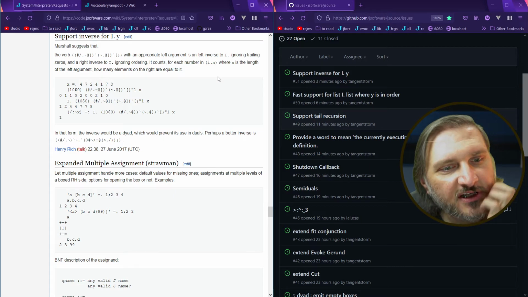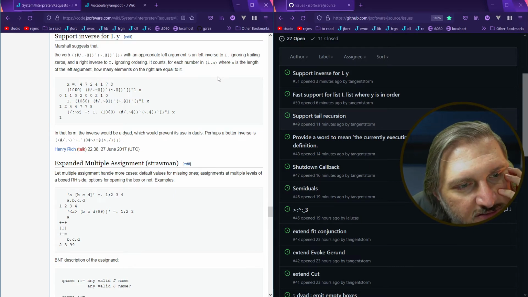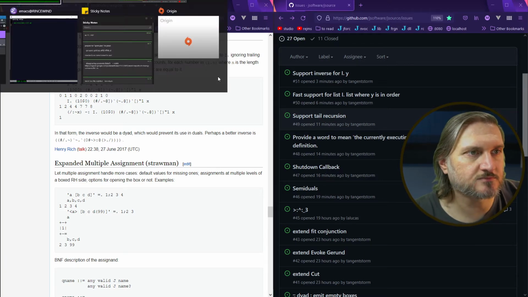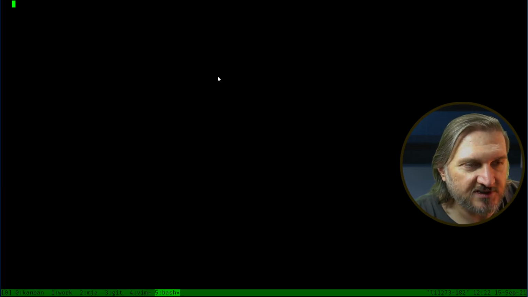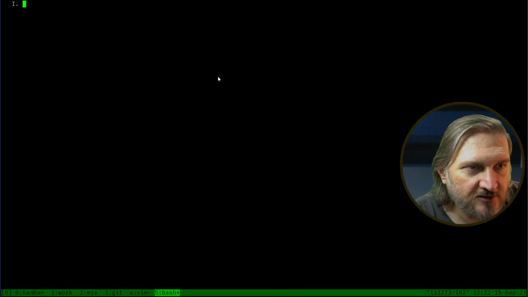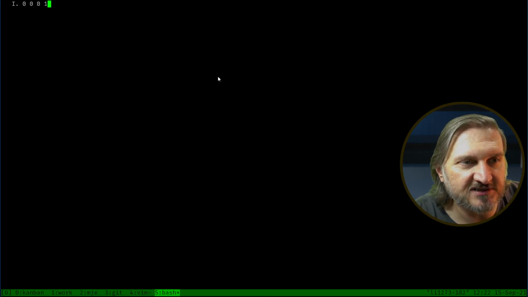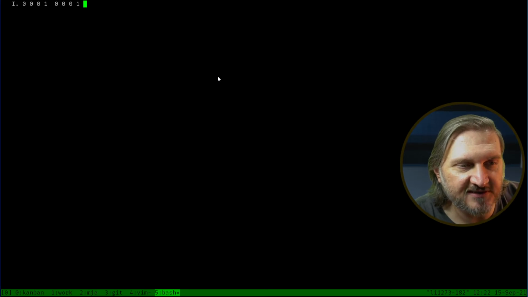Is that really an inverse? I mean, okay, so what does the monadic I. do? It does this. As a simple example, this will tell you the indices of the ones, right?